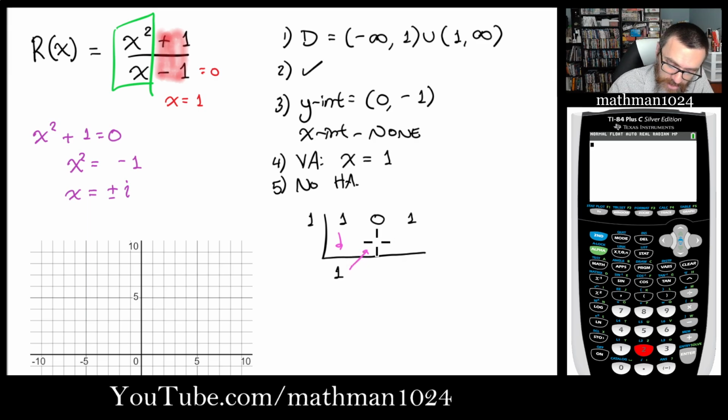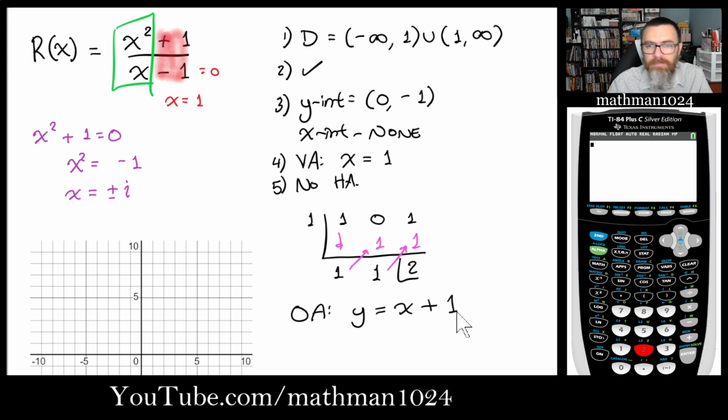Multiplication with the k value to get 1. We add here to get 1. Multiply to get 1. And we add to get a remainder of 2. So translating this means that we have an oblique asymptote of y equals, check this out, 1x and then plus 1.